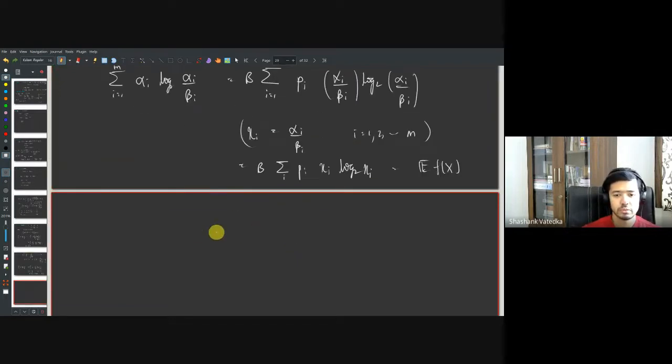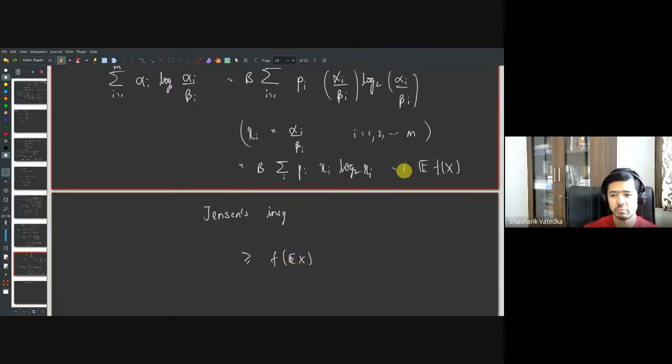So this is good, which means, since it is in this particular form and x log x is convex, I can use Jensen's inequality. So I can use Jensen's inequality to say that this is greater than or equal to f of expectation of x.